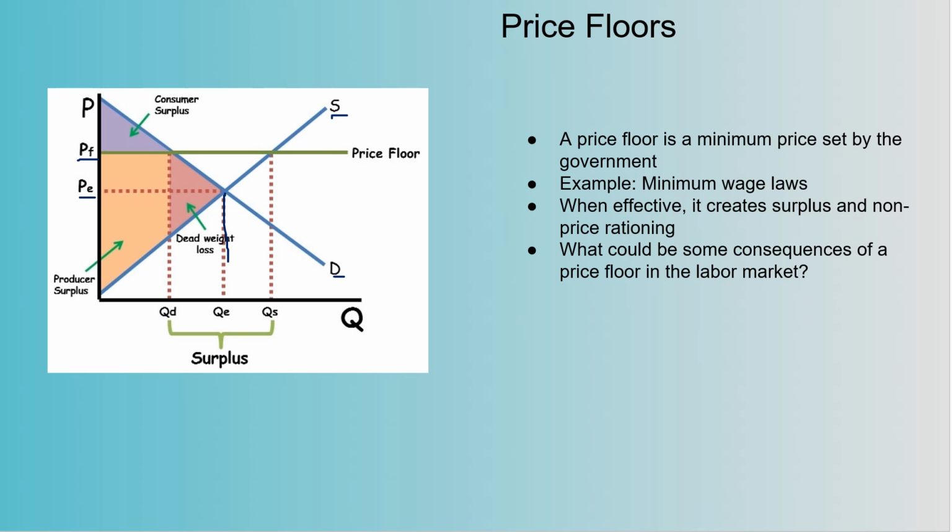What this has done is create the opposite of a deficit or a shortage. We have created a surplus because at this higher price, the price that is higher than the market equilibrium, we have QS being supplied into the market. Unfortunately, at this higher price, the demand is substantially lower at QD.